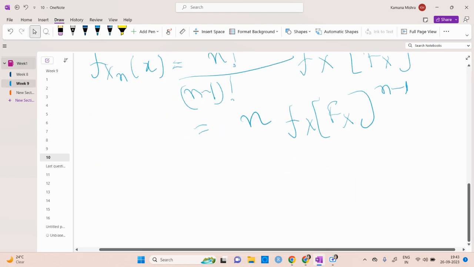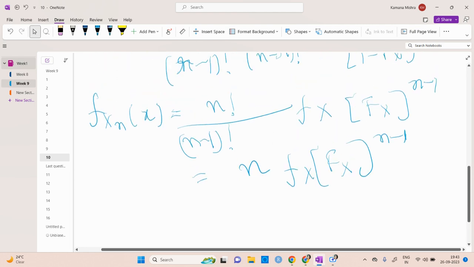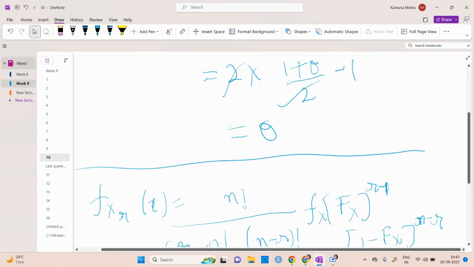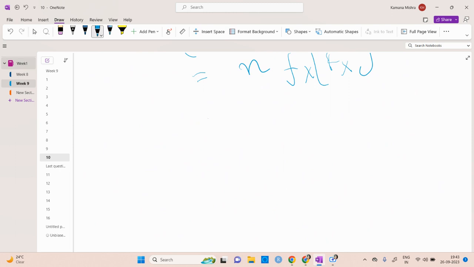Now we are doing this for what? You have U(1, theta). So let's say this xn is y, so we are just considering y as xn.